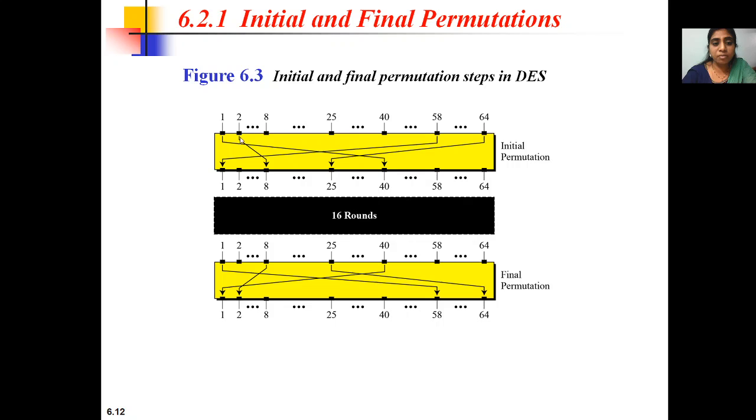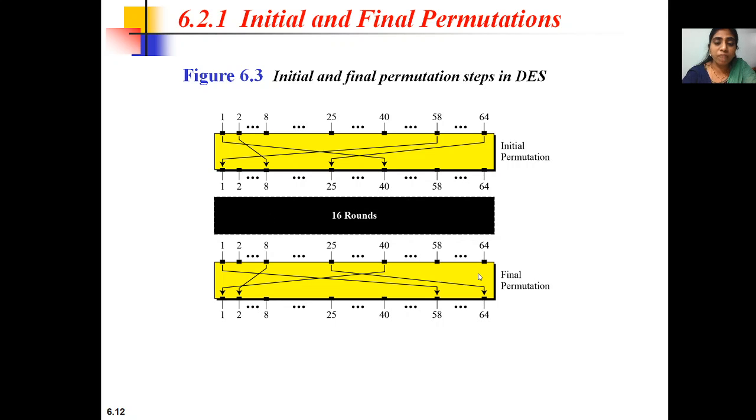My second bit value becomes the 8th bit in the initial permutation. Similarly, my 25th bit value is nothing but the 64th bit in the plain text. Like that we are going to take it in the similar way.